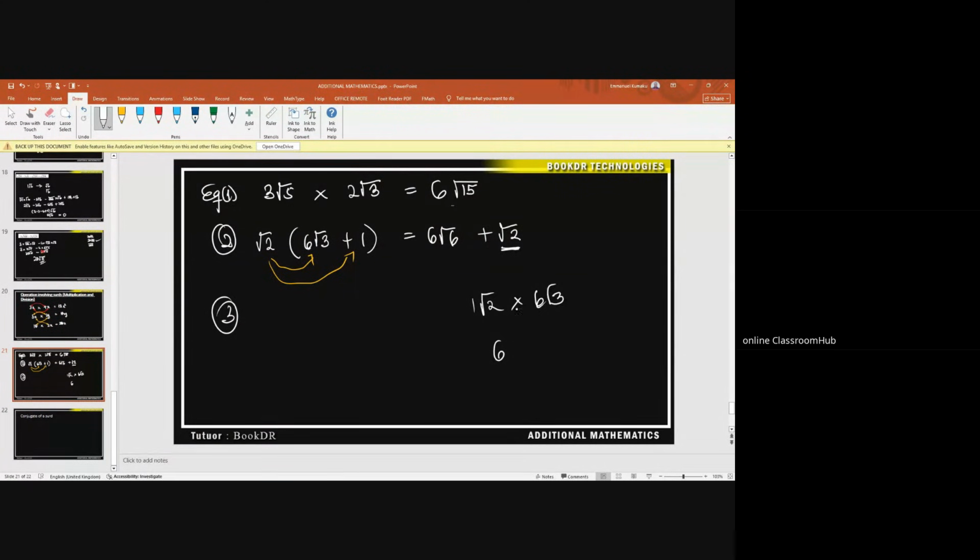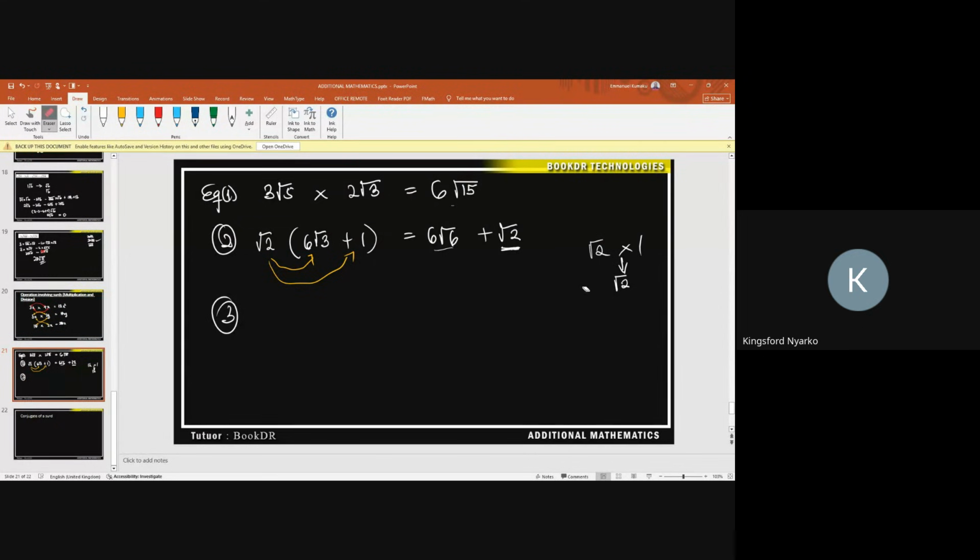So root 2 times root 3 will give us root 6. So that gives us the first term. Then as we open the bracket, this will also multiply the 1 again. So root 2 times 1. And we know the properties of 1. Anytime you multiply 1 by anything, it is still the same thing. So root 2 times 1 is still root 2. So that gave us the second term. Good. Okay, I now get it. Thank you very much.